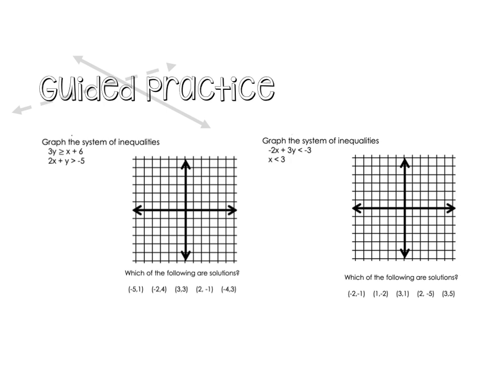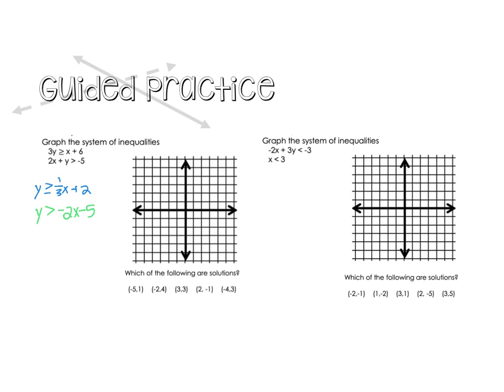The first thing we're going to have to do is get both of our inequalities in slope-intercept form. So that first one is going to be y is greater than or equal to 1/3 x plus 2. And the second one is going to be y is greater than negative 2x minus 5.